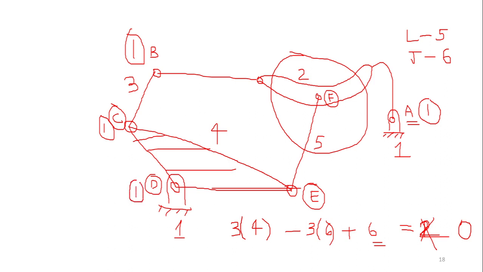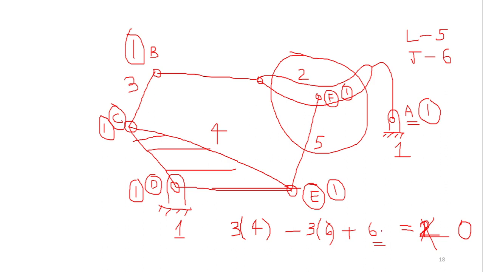D is also a pin joint which contributes 1 degree of freedom. E again has 1 degree of freedom. Then F also has 1. So if you do a summation from A to F, which all have single degree of freedom, your sigma fi comes out to be 6.